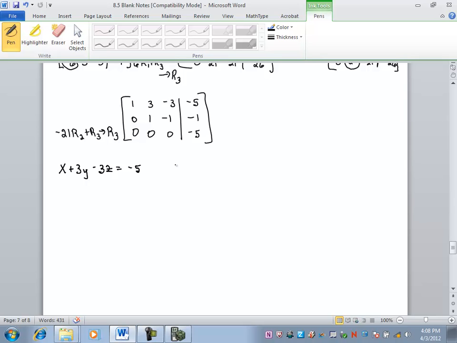The middle equation, 0x plus y minus z, excuse me, supposed to be a z there, my apologies, minus z equals -1, and the bottom equation, 0 equals -5. Well, right there, that instantly tells me there is no solution. You might remember from your beginning algebra days that we have an inconsistent system.